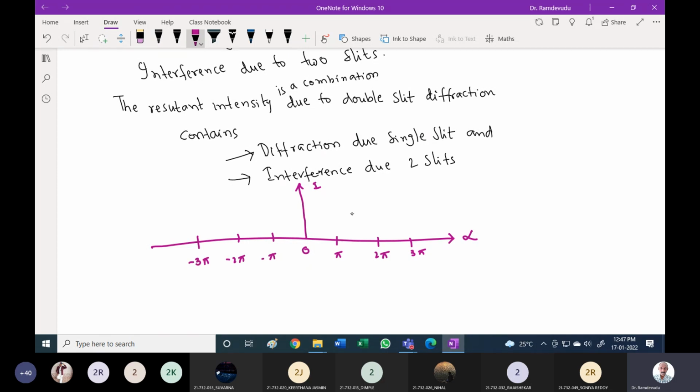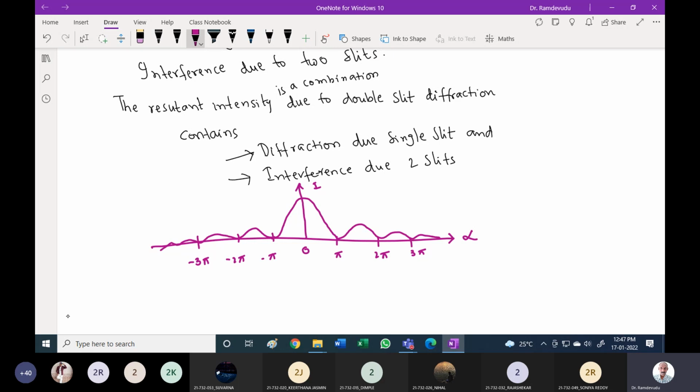Therefore, for a single slit, I will get the curve as 0, it becomes maximum, then it falls down at pi, and it again has a second maximum here, and then falls like this. If you go to the other side, here also we have a central maximum, and it falls and falls like this.